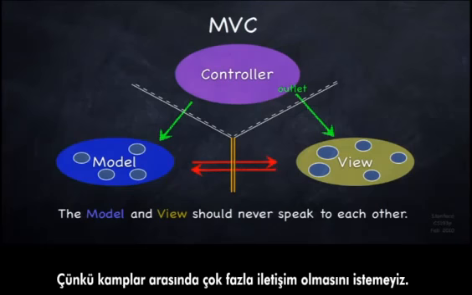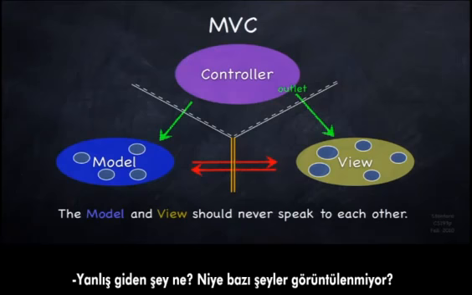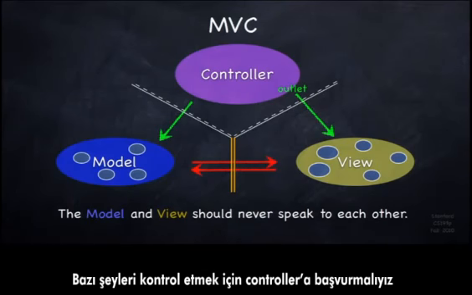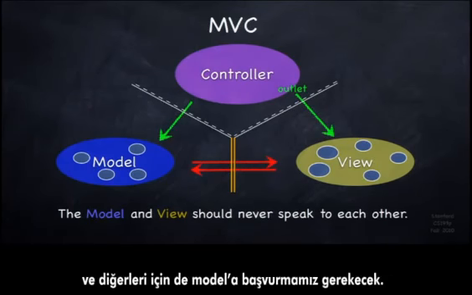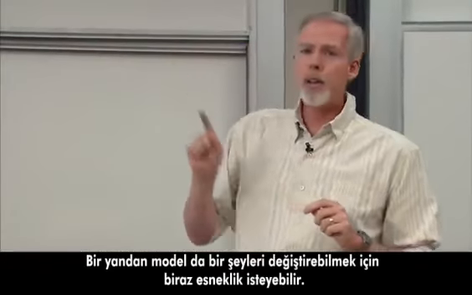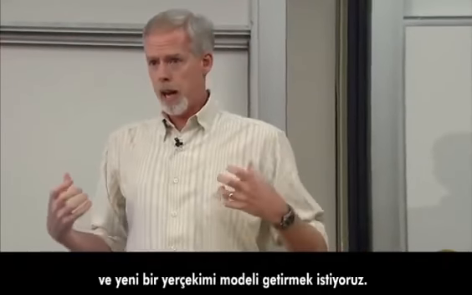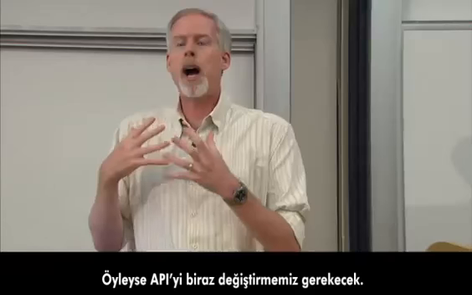That's because we don't want too much communication across camps. When we're trying to figure out what's going wrong, why a view is not displaying something, we'd have to look in the controller for some things and in the model for the other things. That's confusing. Also, the model wants the flexibility to change. What if we're doing a spaceship game and we introduce a new gravity model? We have to change the API a little bit.